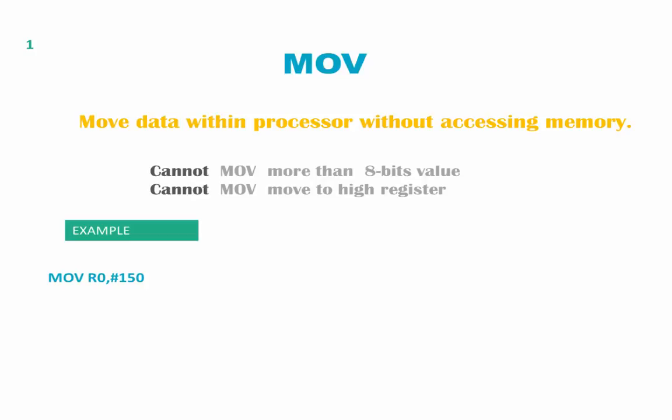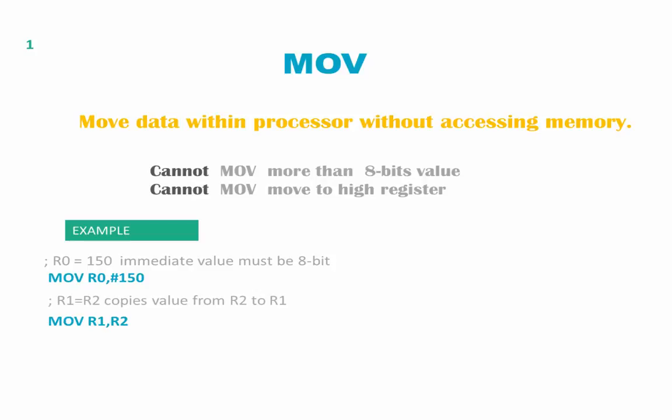Let's say you have this instruction: move R0 150. What this does is that it puts the value 150 in the register R0, as an immediate value, and as we know, 150 is within the 8-bit barrier. Let's take another look at this example.